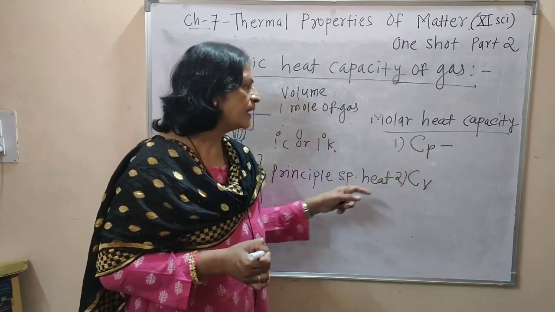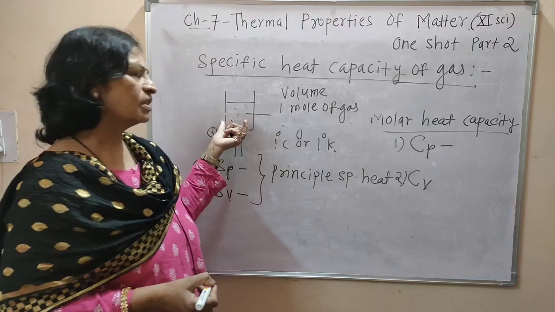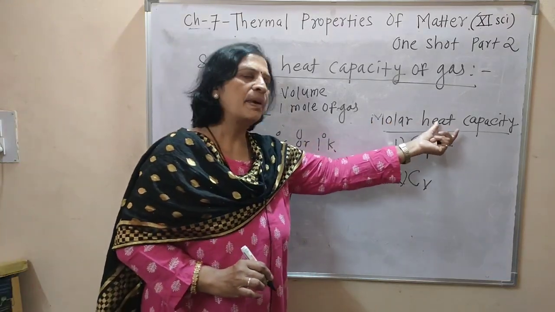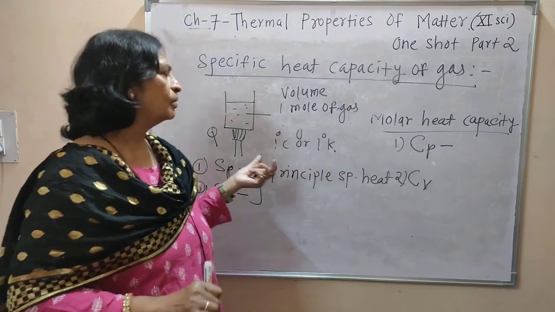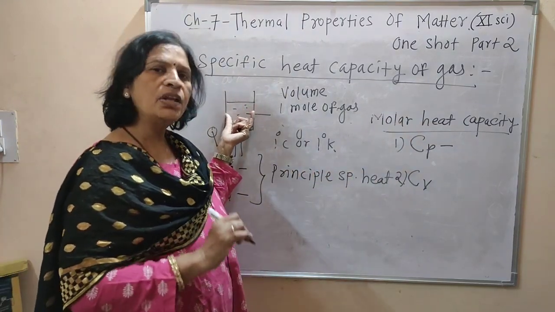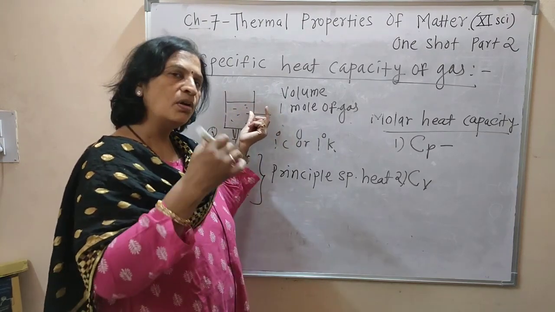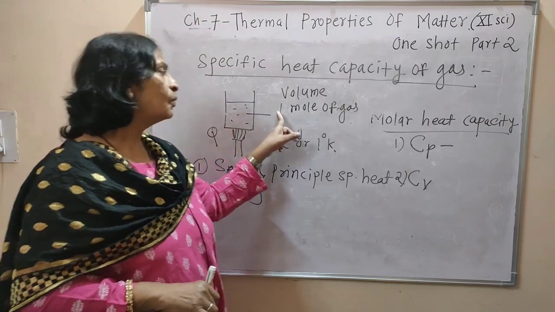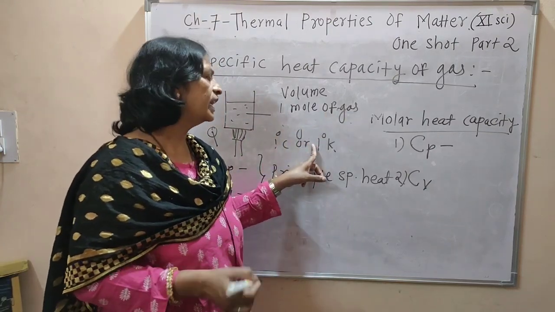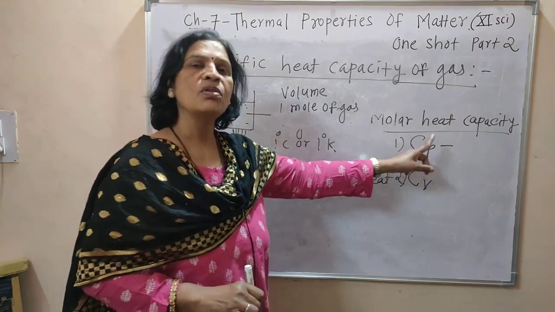Now we have to define the molar specific heat capacity of a gas at constant volume. Molar heat capacity at constant volume is defined as the amount of heat required to raise or fall the temperature of 1 mole of a gas through 1 degree Celsius or 1 degree Kelvin when its volume is kept constant.